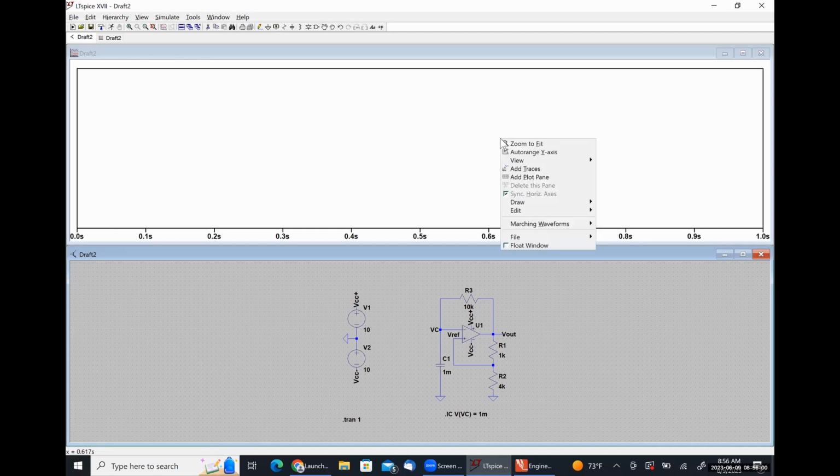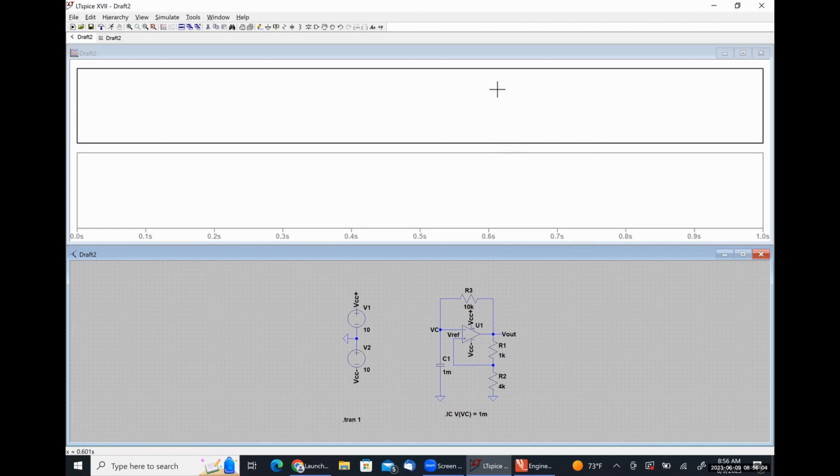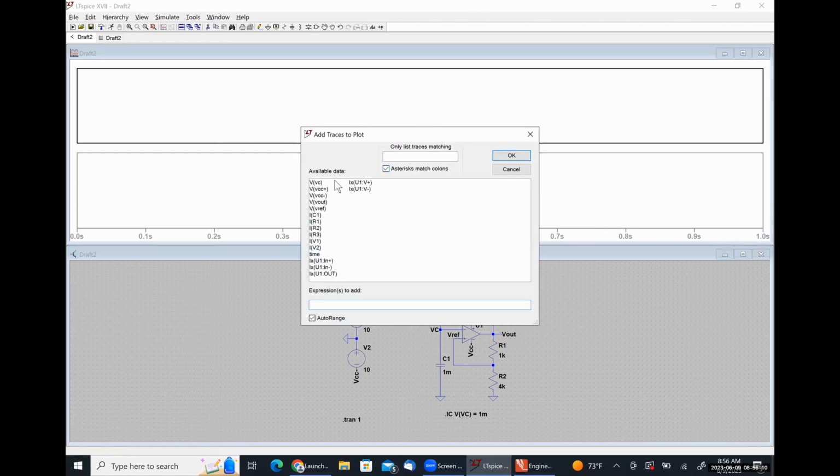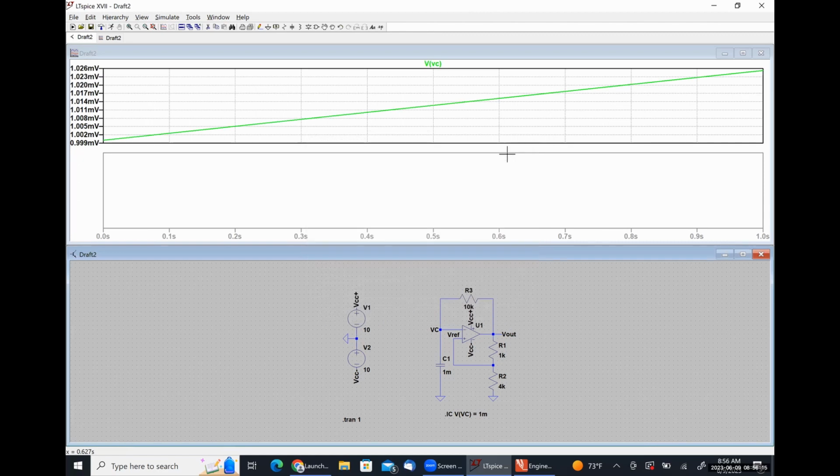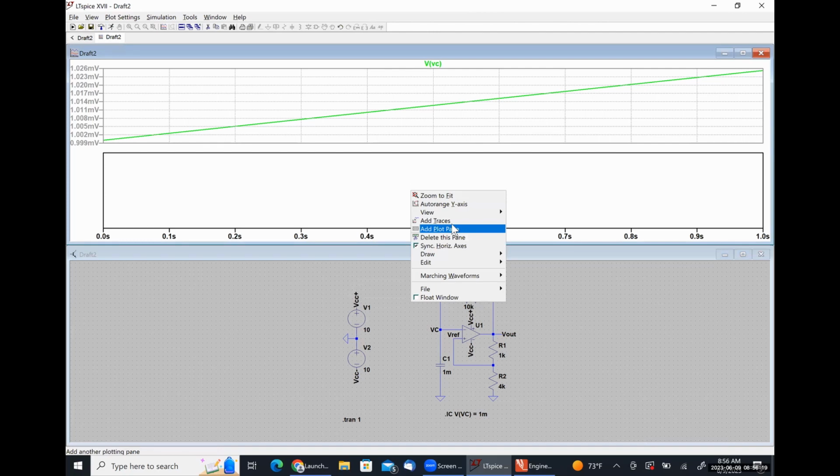So I'm going to add a plane, and I'm going to plot VC. That doesn't look to be enough time. Down here, let me plot Vout.